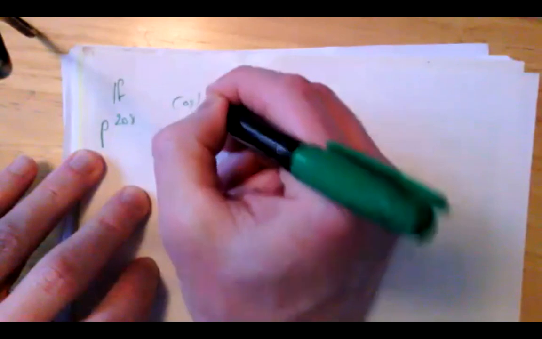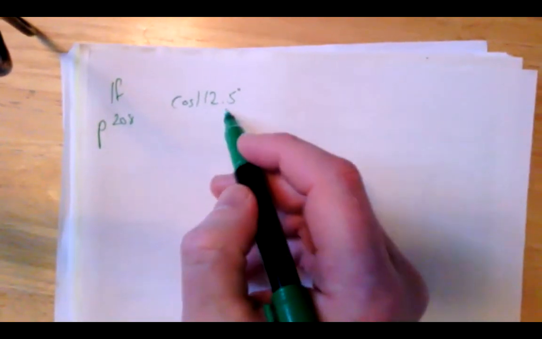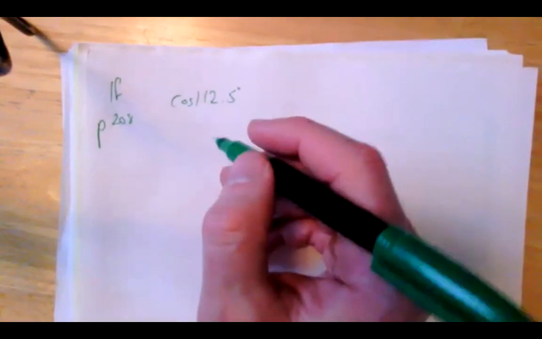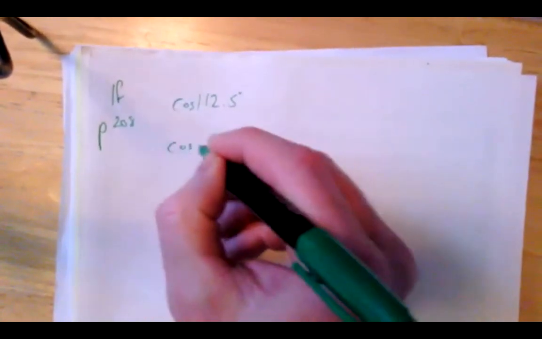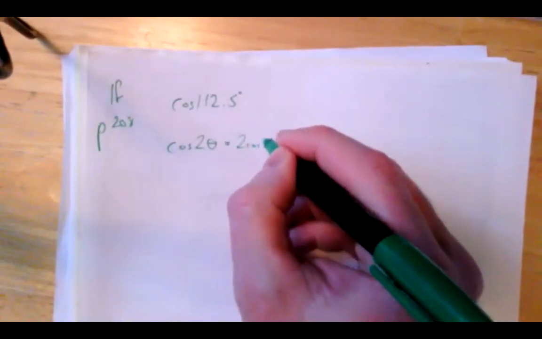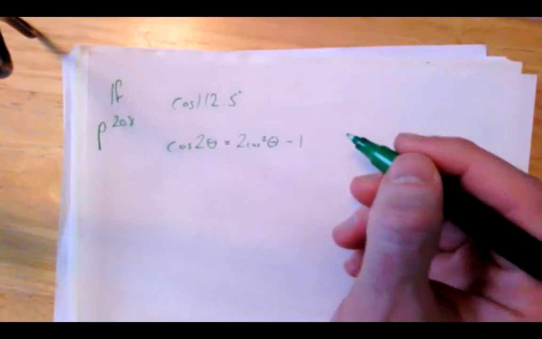This is the cos of 112.5 degrees. All right, so I want to figure out cos theta. I'm going to use cos of 2 theta equals 2 cos squared theta minus 1. Is this the one you used? Yes. Cool.